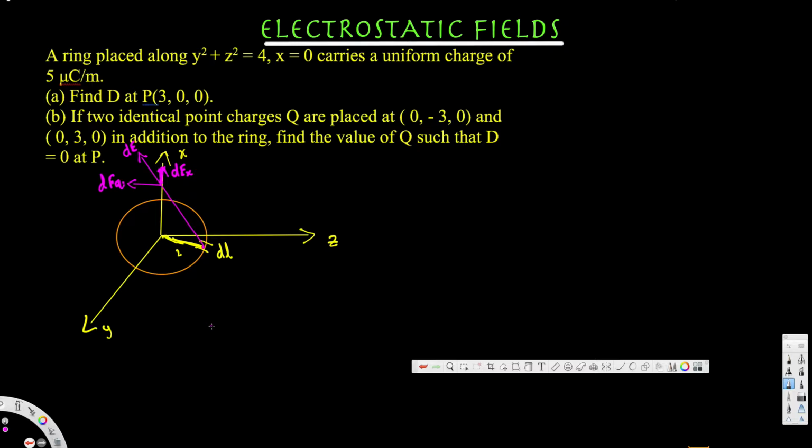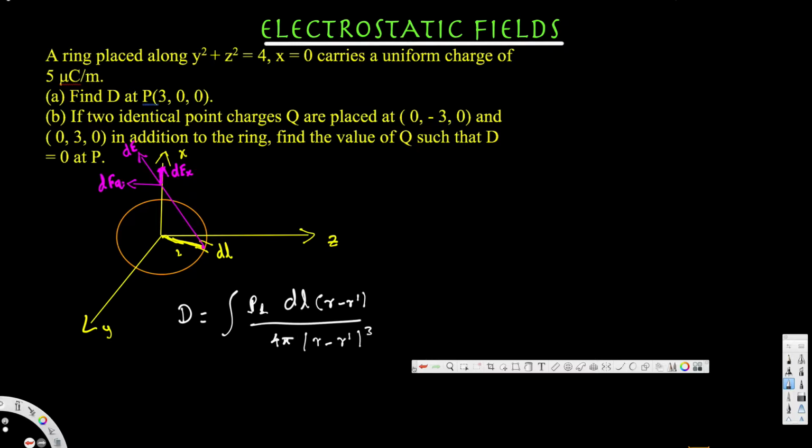Now we are trying to find the D. To find D, there's an equation for that, given by the integral of rho L dl (r minus r prime) divided by 4 pi |r minus r prime| cubed.